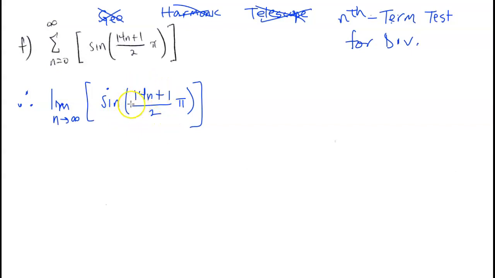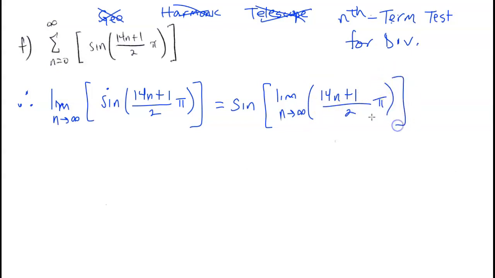Because of that, and we're taking the limit of basically a composition function, our limit laws allow us to take the limit of the inside function to figure out what the limit of this composition function will be. So now we're faced with actually evaluating this limit.